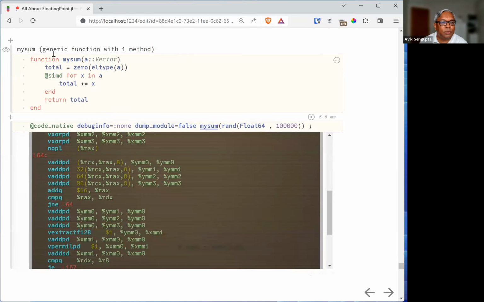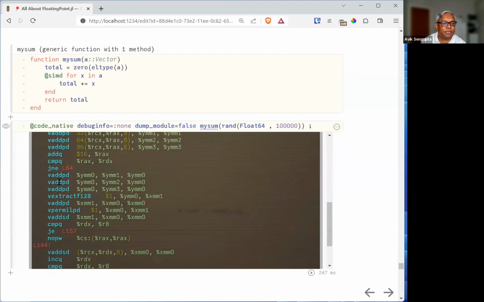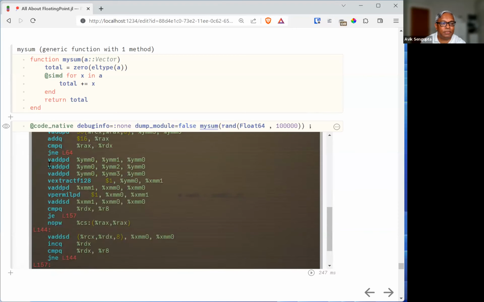In Julia, you can use this SIMD macro to get SIMD operations. So for example, this loop that essentially just adds numbers in a vector, one by one, you can annotate it with @SIMD, and you will see that this uses these VAdd PDs, where one VAdd PD adds maybe 8 numbers together, but then it's also inlined.